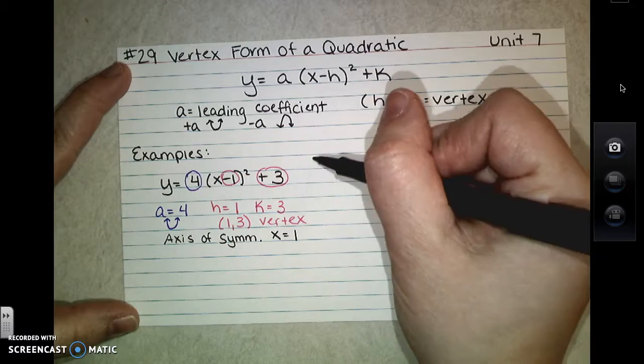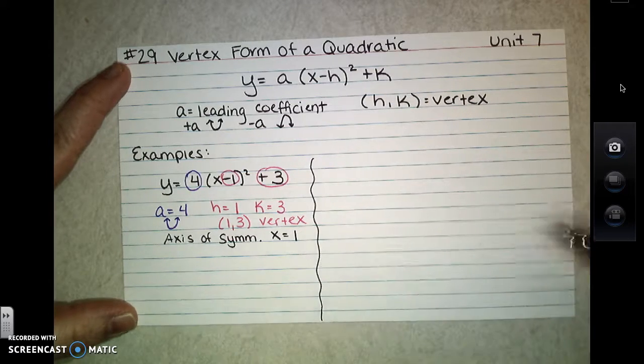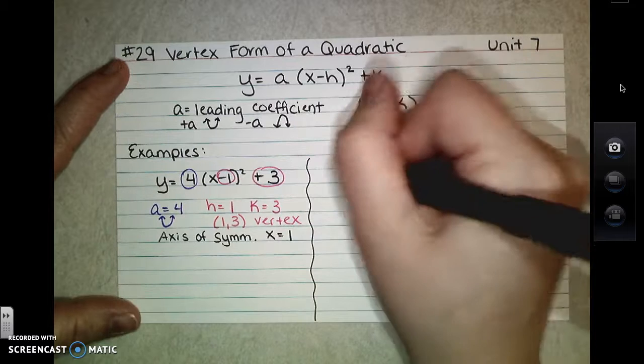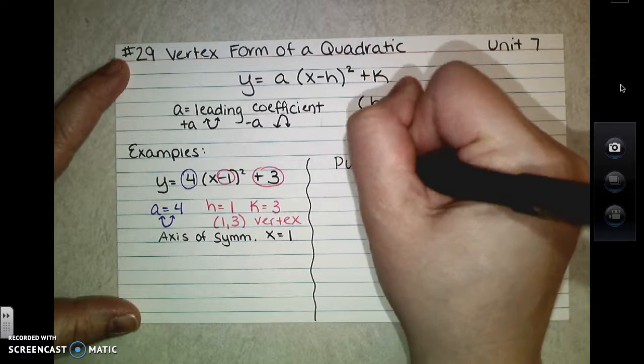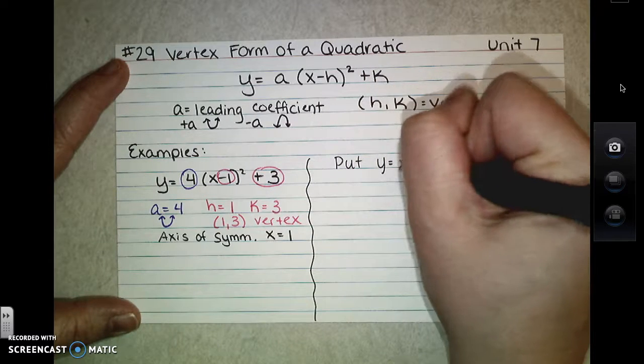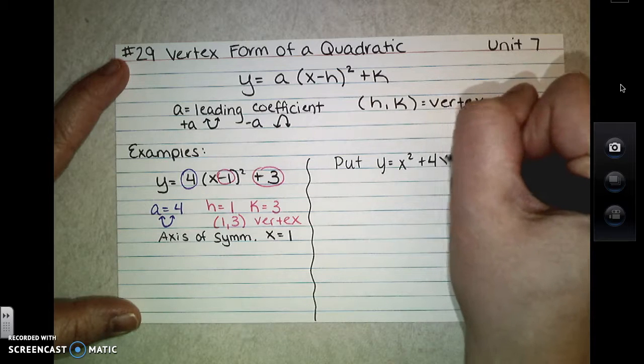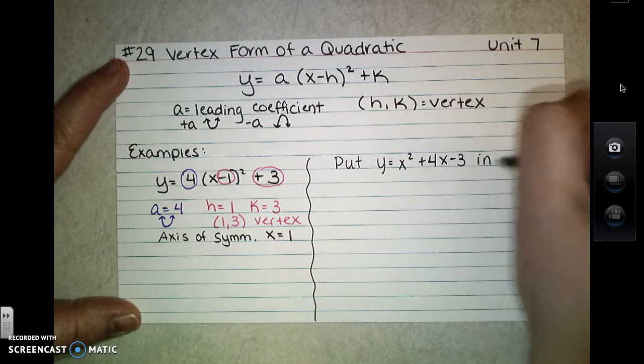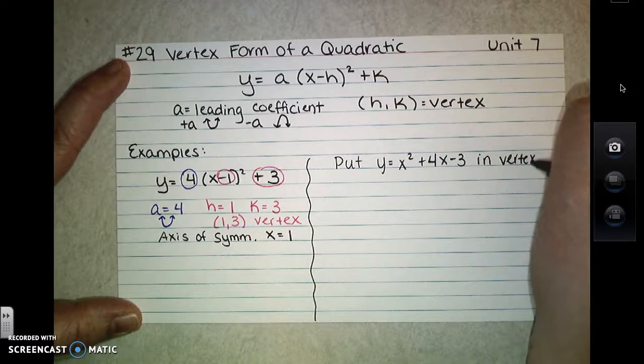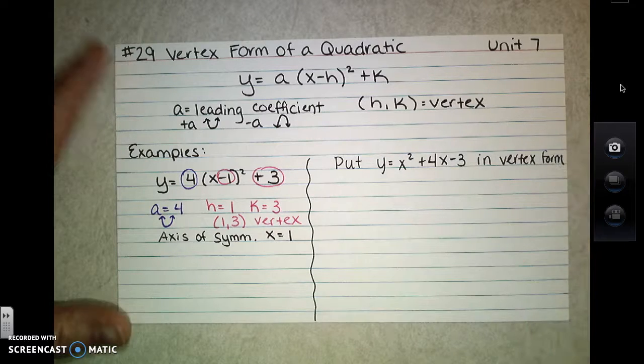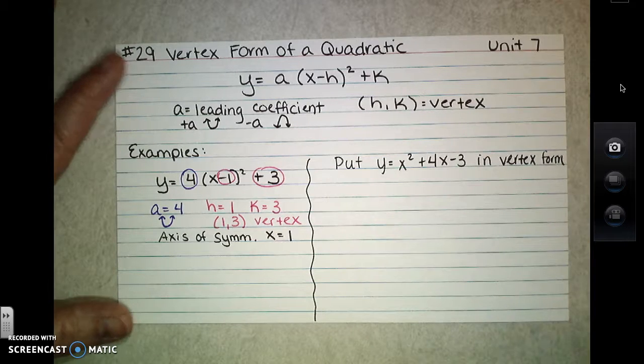Now let's do an example where we have to convert it. So I have a little bit more room on this side. We're going to put y equals x squared plus 4x minus 3 in vertex form. Okay, so we'll write down the steps while we do this.